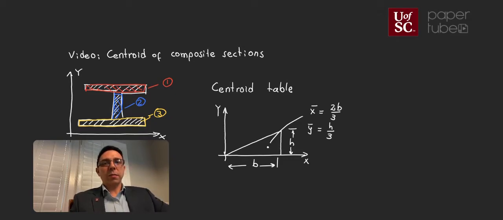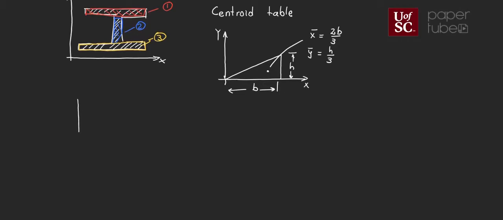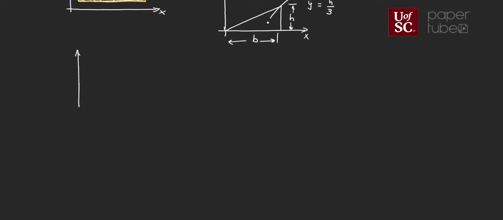What else do we have? Let me turn my camera off so we can have a little more space. What other shapes do we have? Let me look back. Okay, what about this one? Another common shape is a fourth of a circle. That might not look like a circle, but let's make the assumption that it looks like a fourth of a circle.